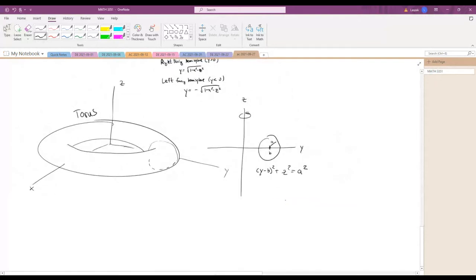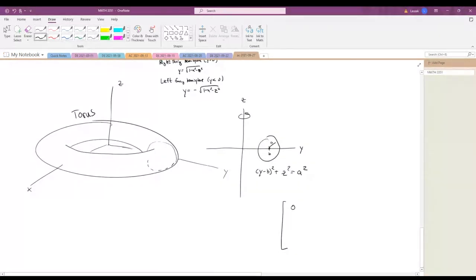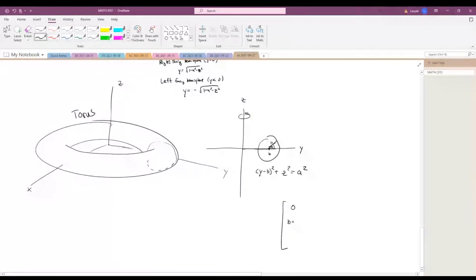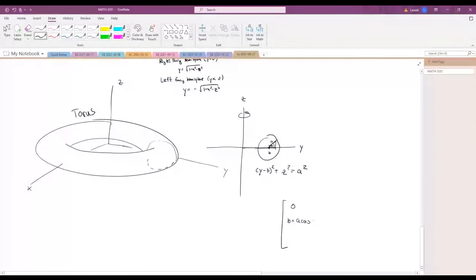Take the points here in the yz plane. So x would be 0 for now. Y would be, well, how can we get y? y would be b, if you get to the center of the circle, plus, let's call this angle theta, a times cosine of theta. And z would be a times sine of theta.